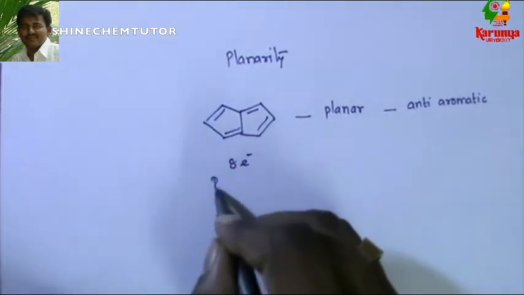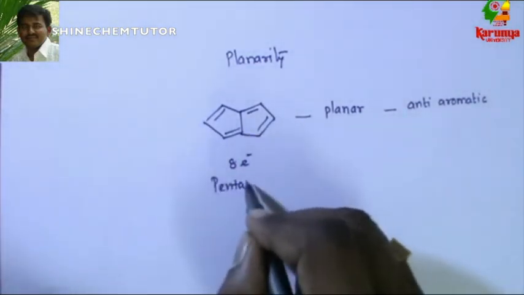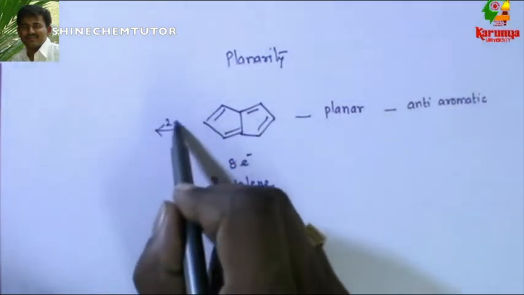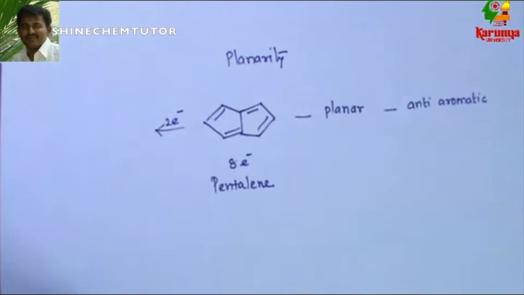This compound name is pentalene. If you add 2 electrons to this, then that will become aromatic.